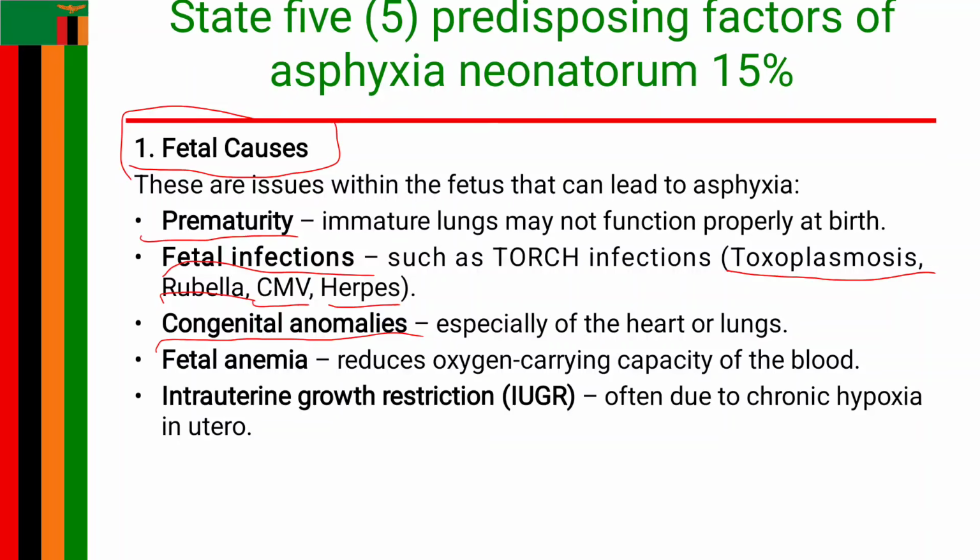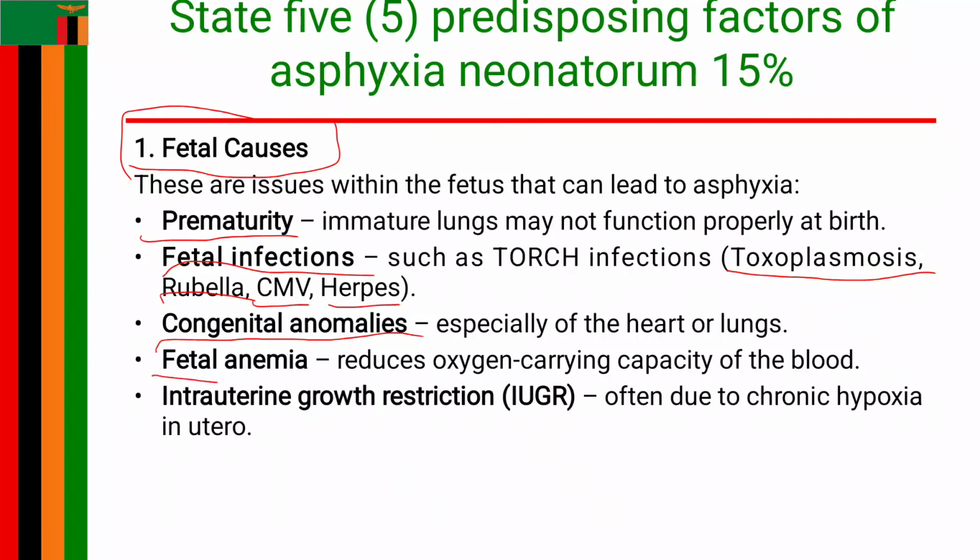Those shunts are supposed to close when the baby is born, so that blood flows through the lungs and comes back through the other side of the heart. But if these do not close, they will make the baby have more carbon dioxide rather than oxygen, making the baby go into asphyxia.